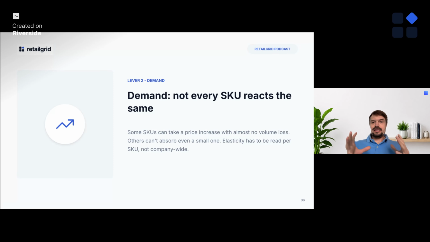We can see, even visually, that for some products we increase the price, but the level of sales is the same, the level of demand is the same. For some products we decrease the price, or we did a promo, and we see the uplift in demand. So we see the elasticity, that customers really react to price changes, and customers start buying more. They consume more, they purchase more.